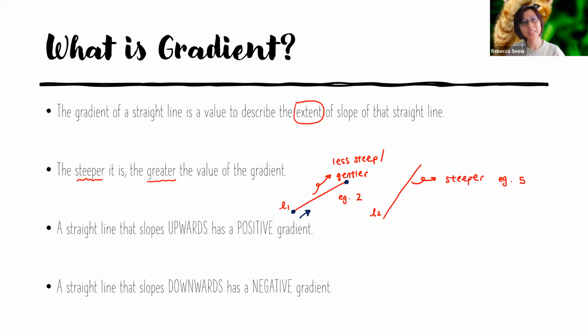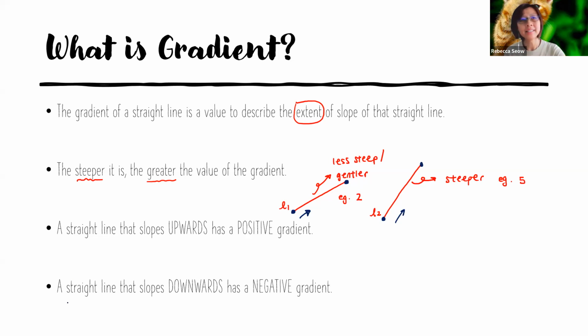So this is a straight line that slopes upwards. For L2, again, on the left-hand side the start point is at the bottom, and towards the right-hand side the end point is at the top. So this slope is also going upwards. These two have a positive gradient.